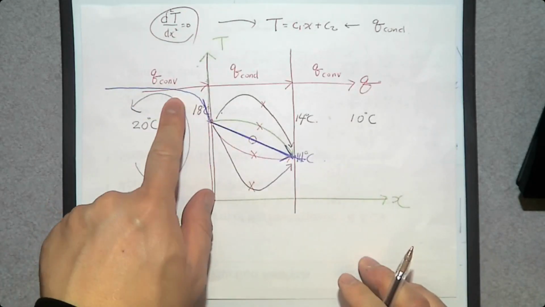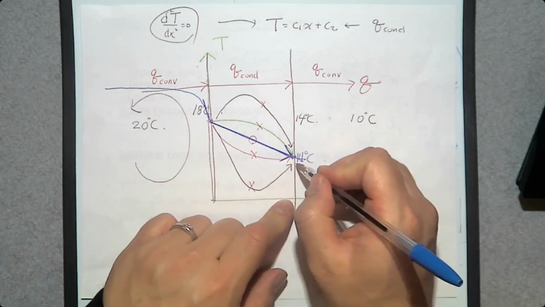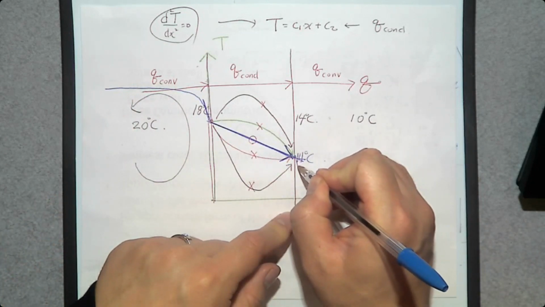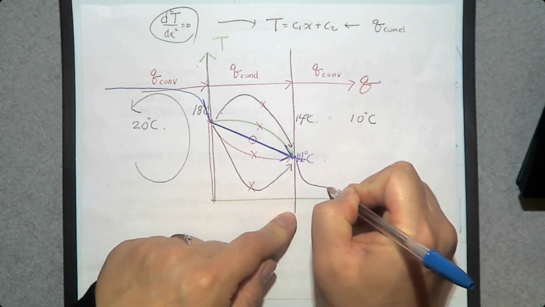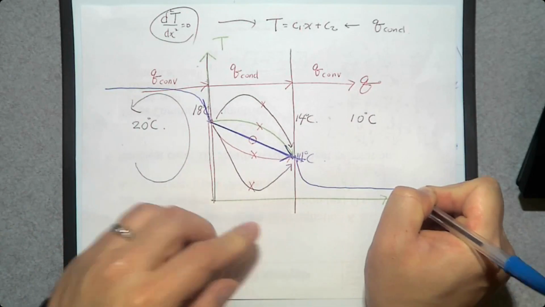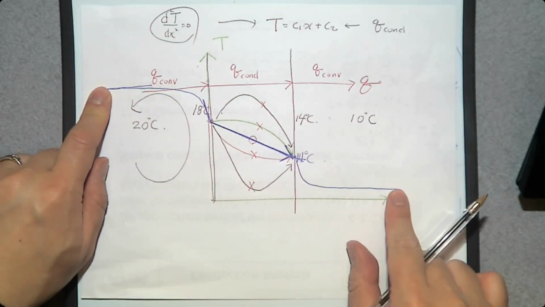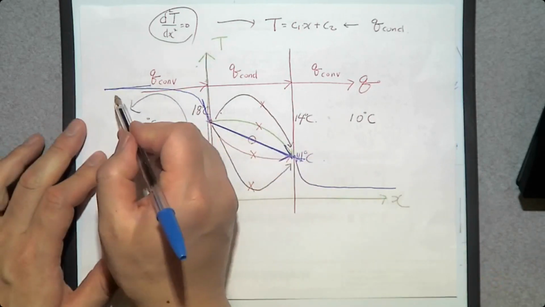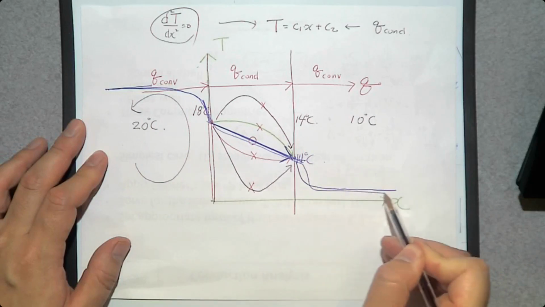So that's the temperature distribution. What about here? Very significant. Dramatic change in temperature and then it becomes meaningless. So the temperature distribution from 20 degrees Celsius down to 10 degrees Celsius outside is going to look like this. Okay?